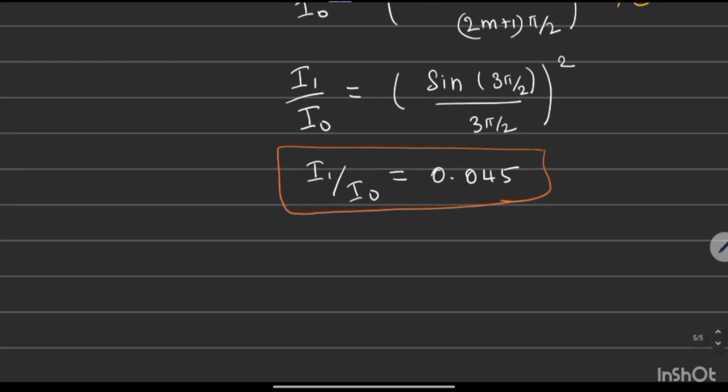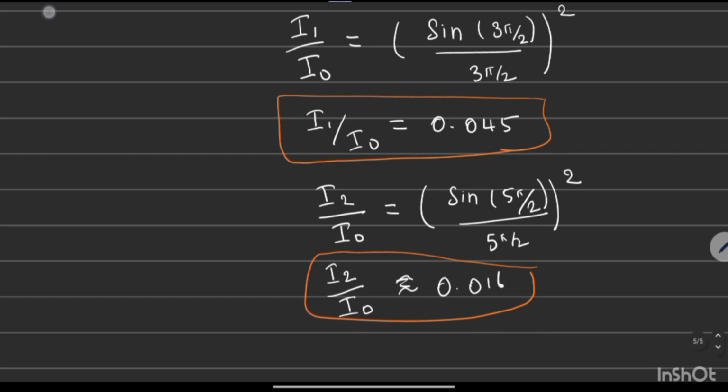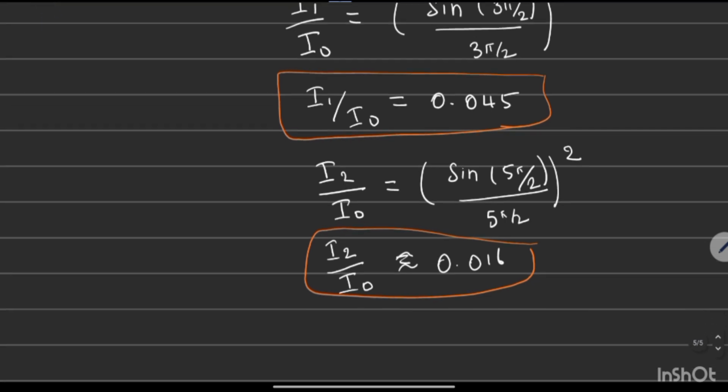Now substituting m equal to 2, we get the intensity of the second order maxima with respect to the central maxima, that is 0.016, which is lesser than the normalized first order maxima.